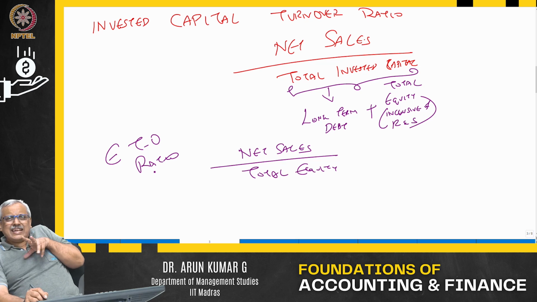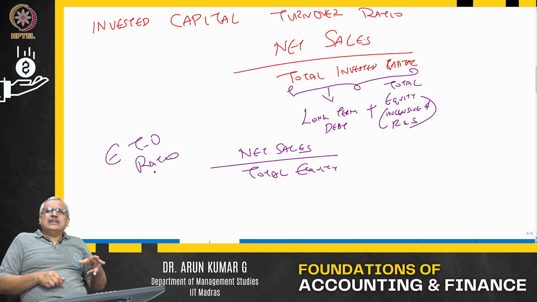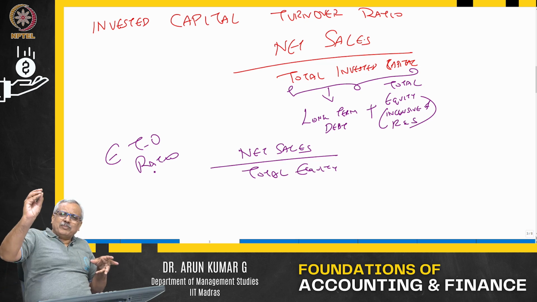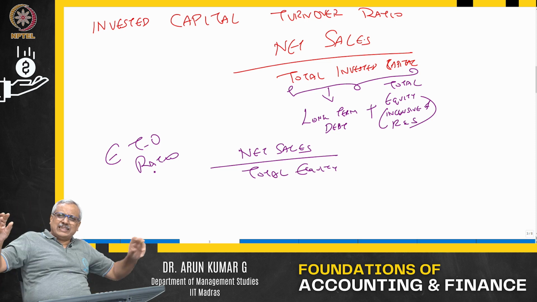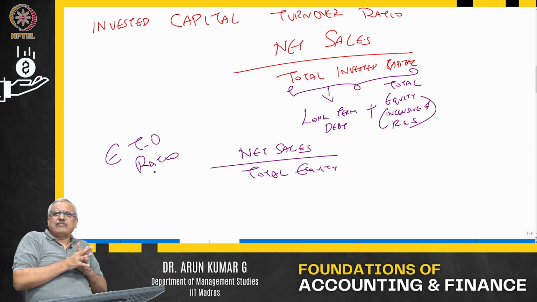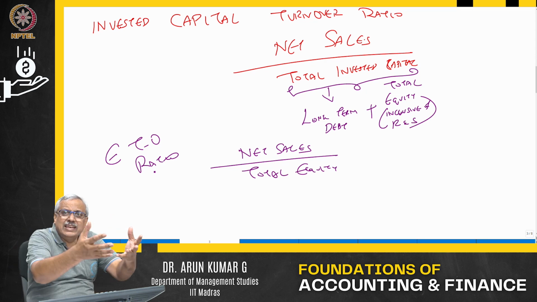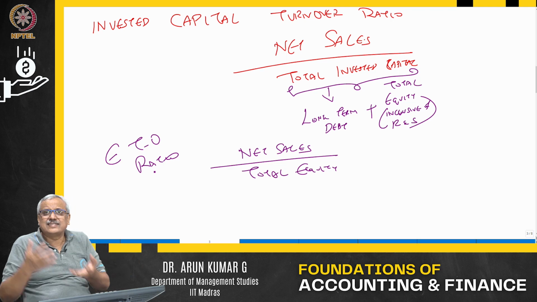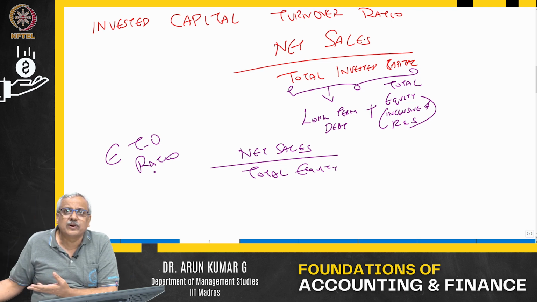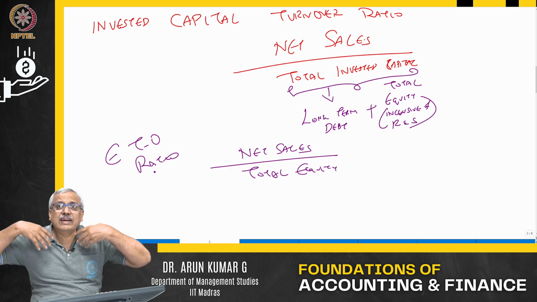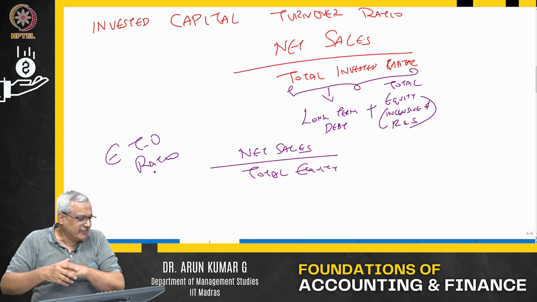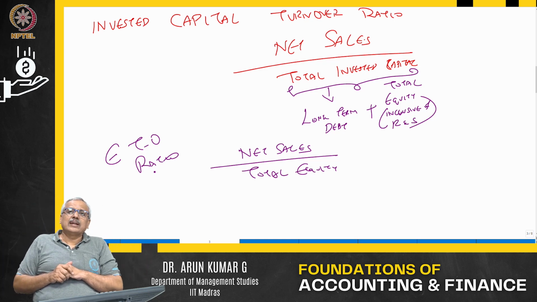So, in my company, the long term debt is a very small portion, or long term debt is directly tied to a particular equipment or whatever it is. My equity is a large portion. I want to see whether my sales is X times my equity, whether my equity is being utilized efficiently or not is what I would want to see.